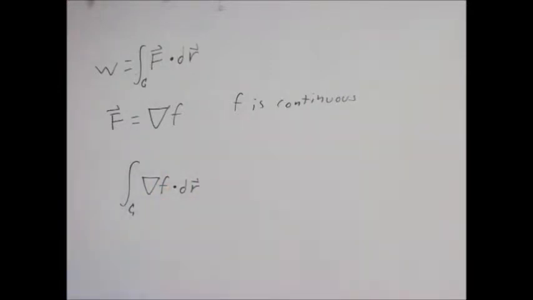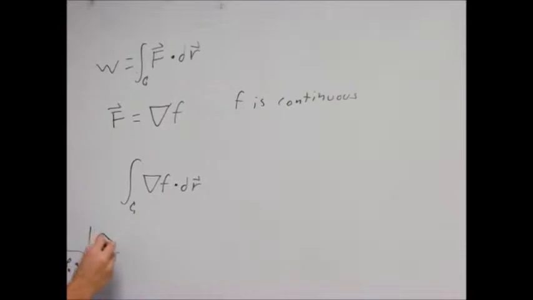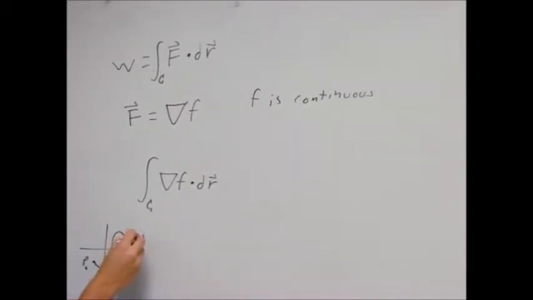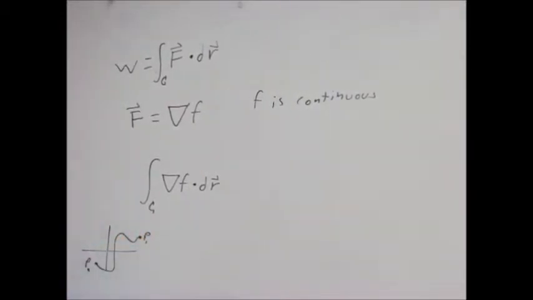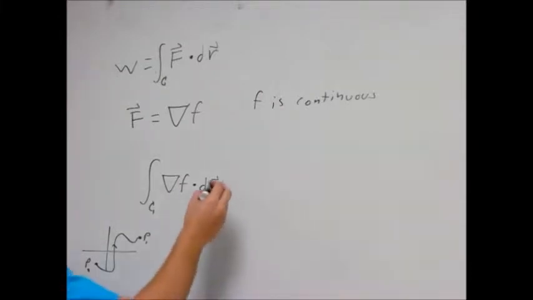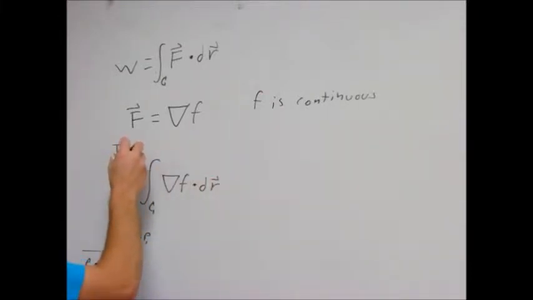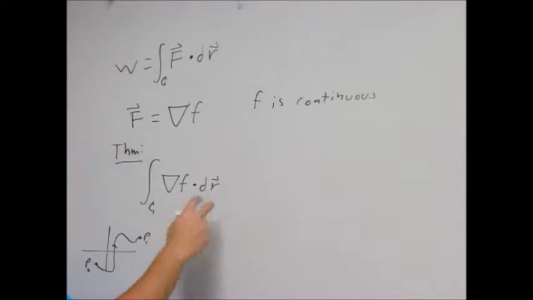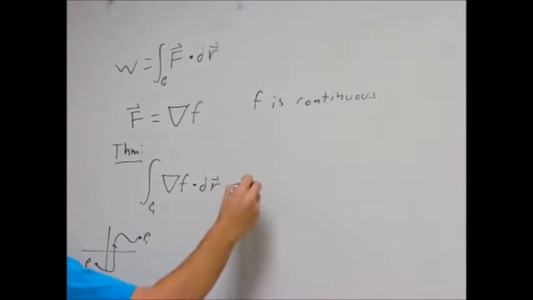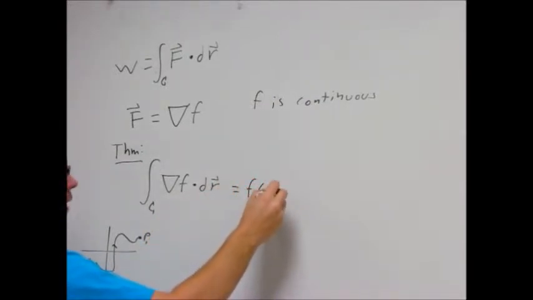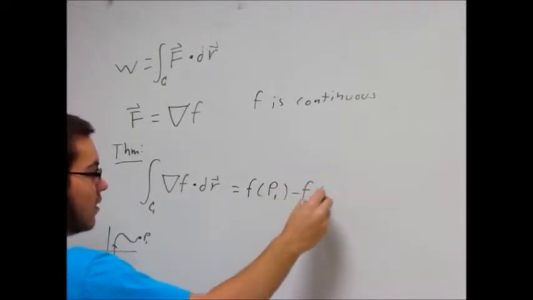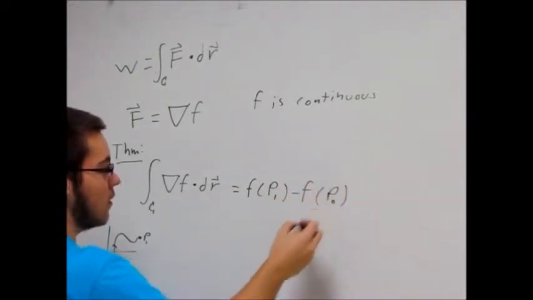integral of gradient f dot dr. And what I'm going to claim here, let's say your path C goes from a point P naught to point P1. Then what I claim the theorem is, here's the theorem, that this is simply f of P1 minus f of P naught.